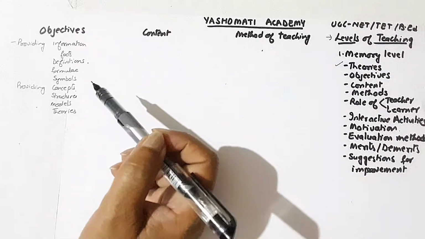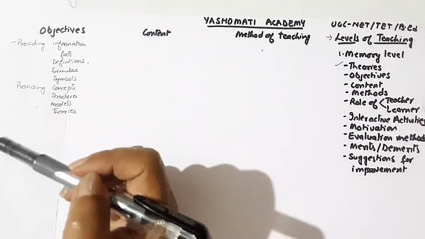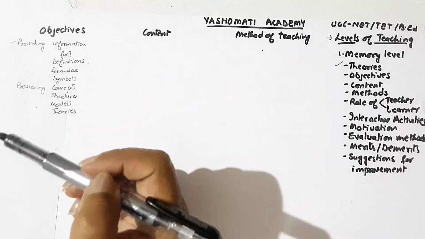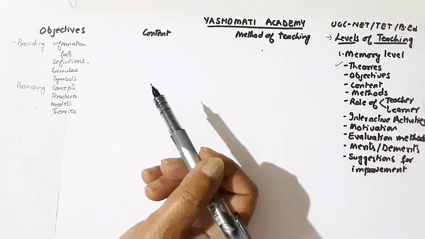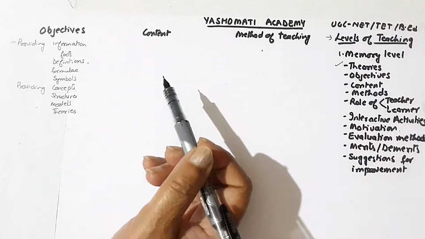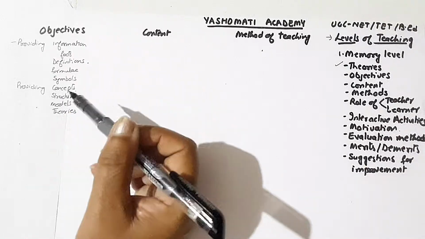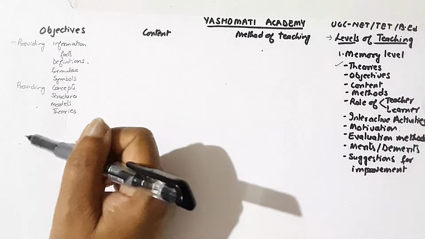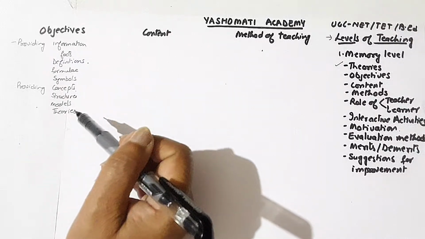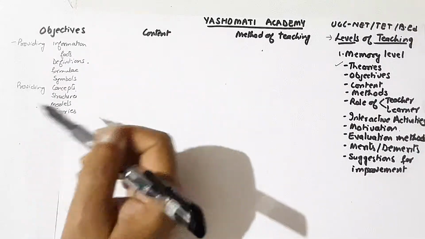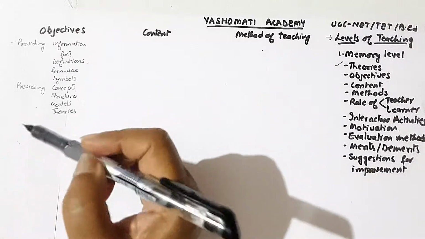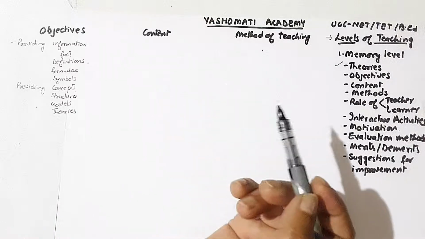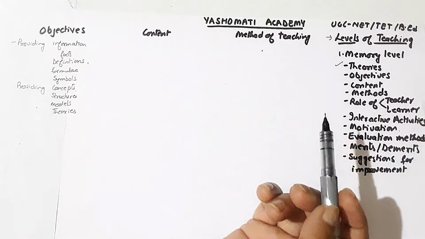A very common example can be taken from the lesson itself, that is teaching at memory level, which is a complex subject. First we have tried to know about the theories which have been formulated by different psychologists, and by knowing those theories we can aim at developing understanding of the memory level of teaching.